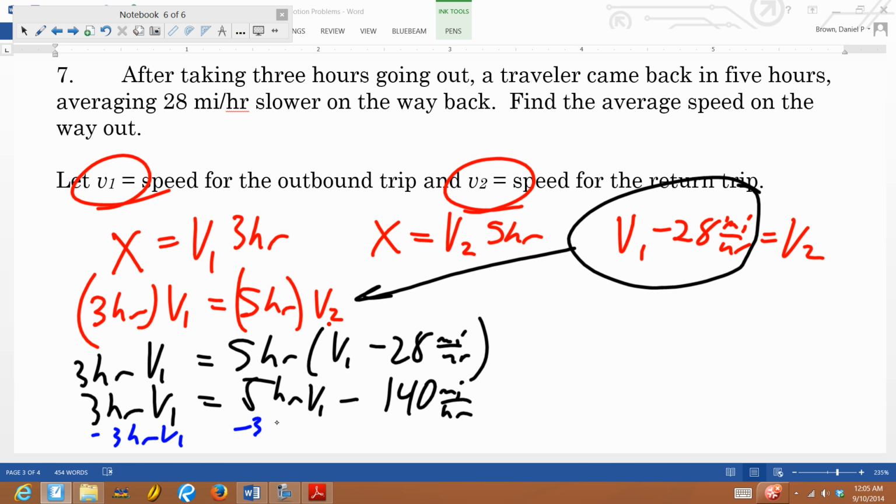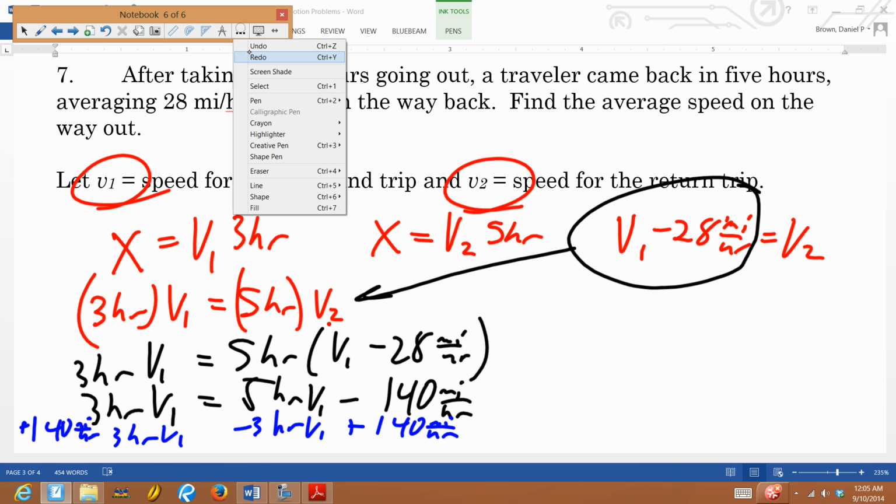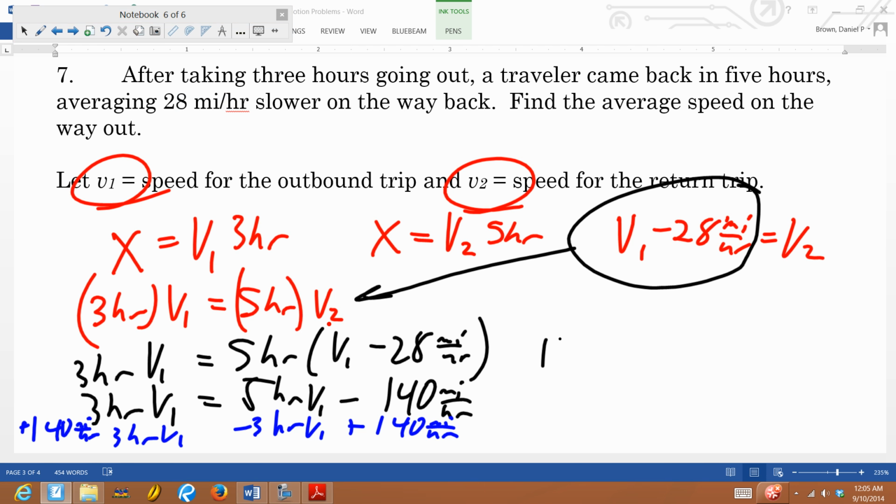I have to do that to the right. I also want to add 140 miles per hour to one side, but I'm going to have to add 140 miles per hour to the other side. Alright, now we can go ahead and rewrite the equation. So I have 140 miles per hour on the left. That's positive now, not negative. On the other side I have 2 hours V1.